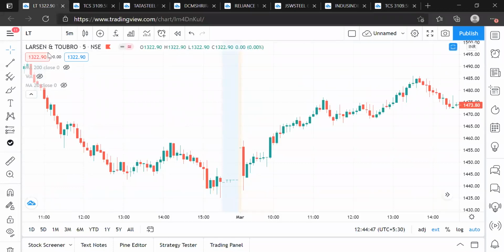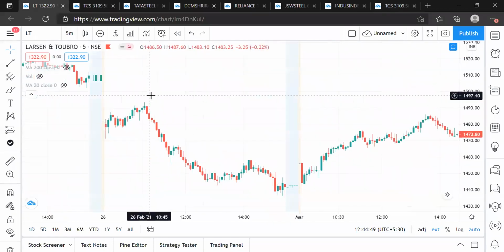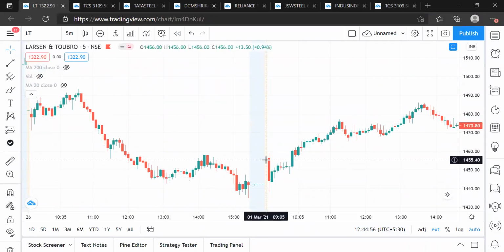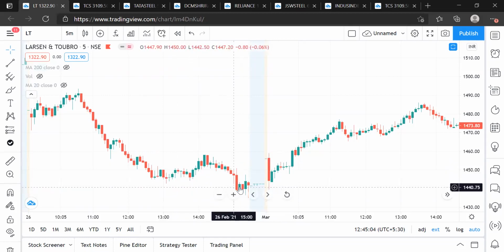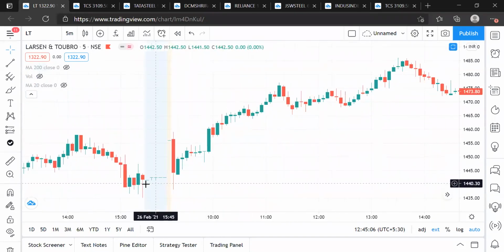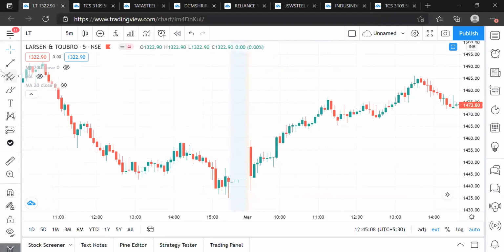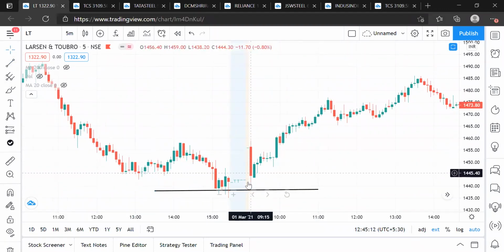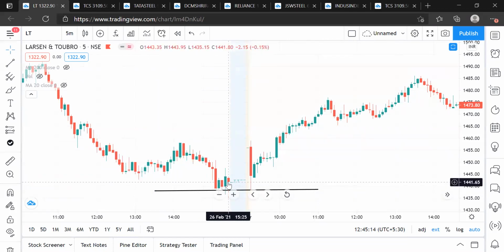This is the 5-minute chart of L&T. First condition, the price should be falling during the previous day. The first condition is getting fulfilled over here. Second condition, the price opens higher on the next day. Third condition, once it gets close to the previous day's low, on the next day, L&T got close to the previous day's low and it found support over there.